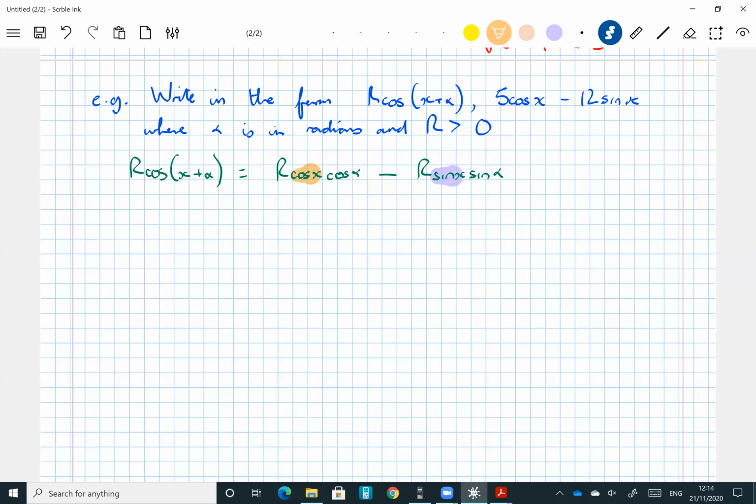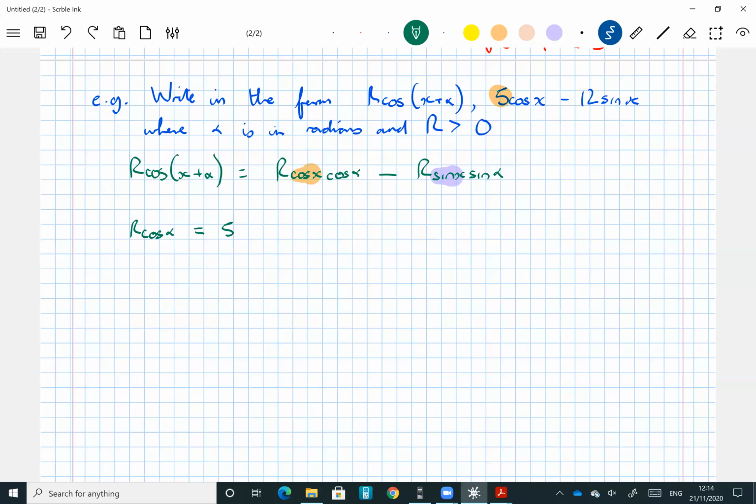The coefficient of cos x is r cos alpha. The coefficient of cos x is 5. So we can conclude that r cos alpha equals 5. And this is the key part. The minus sign matches. So we don't need to even consider the minus sign because it's in both of them.